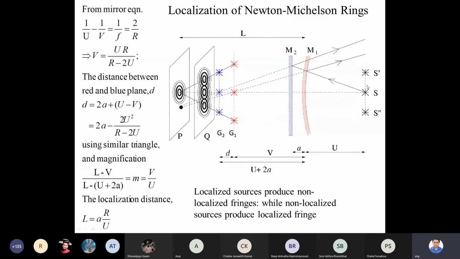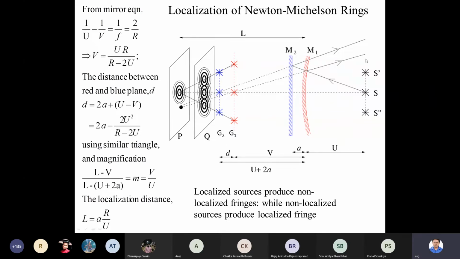Also in the Michelson experiment, if you recall the setup, after the source you have some lens where you get equal intensity. Now this M1 mirror is partially reflecting, so the ray can go to M2.